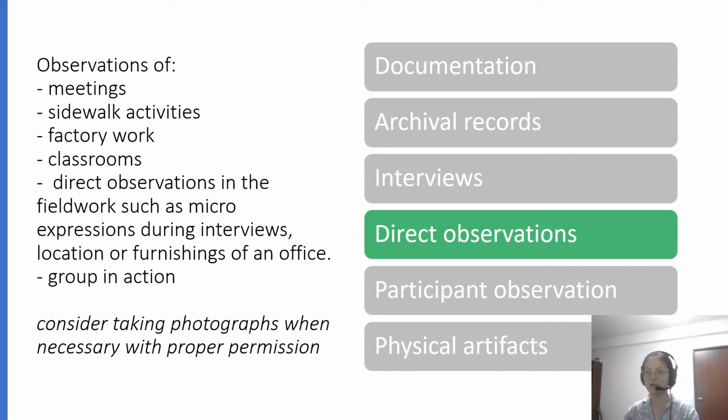That is a direct observation. Sometimes it's necessary, you can also consider taking photographs or videotaping the whole fieldwork observation, like movements of the group in a certain activity, just for later access to such observation to do further analysis.